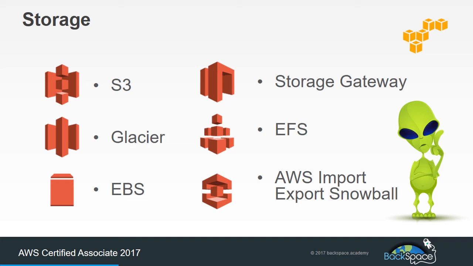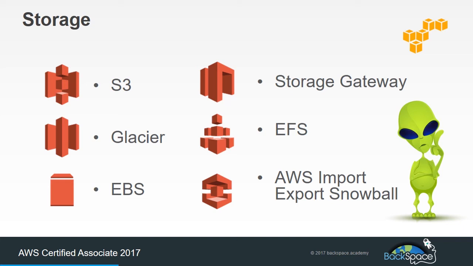The next one there is the AWS Import Export Snowball, and that is basically, for want of a better word, a portable hard drive. And it is one with very massive capacity. For example, if you had an off-site storage solution on AWS that you wanted to implement, and you had petabytes of data that you need to get into AWS, you can organize with AWS to get an AWS Snowball device sent out to you.